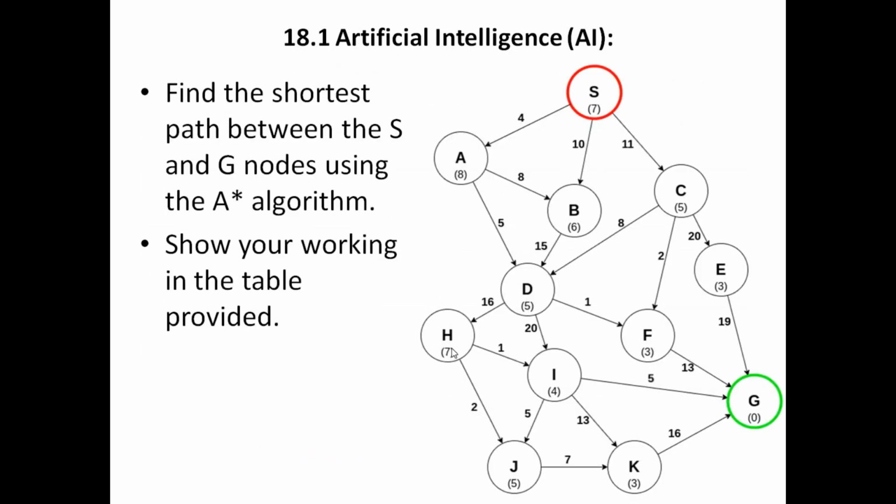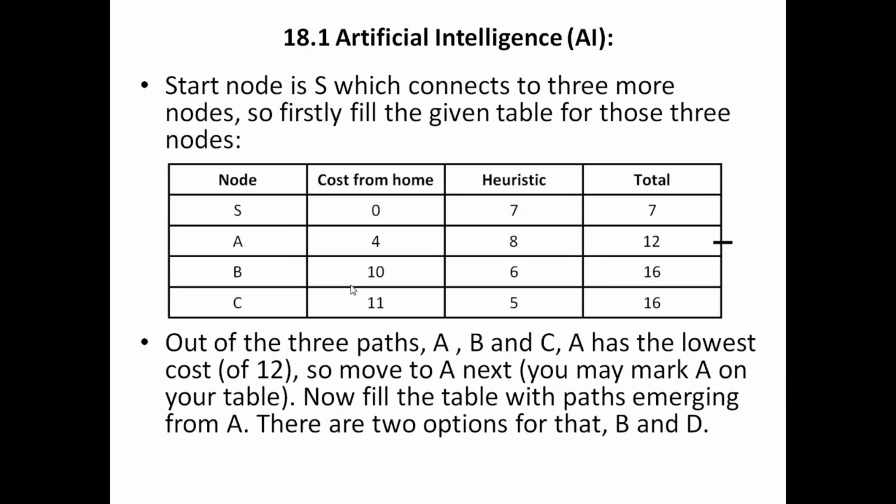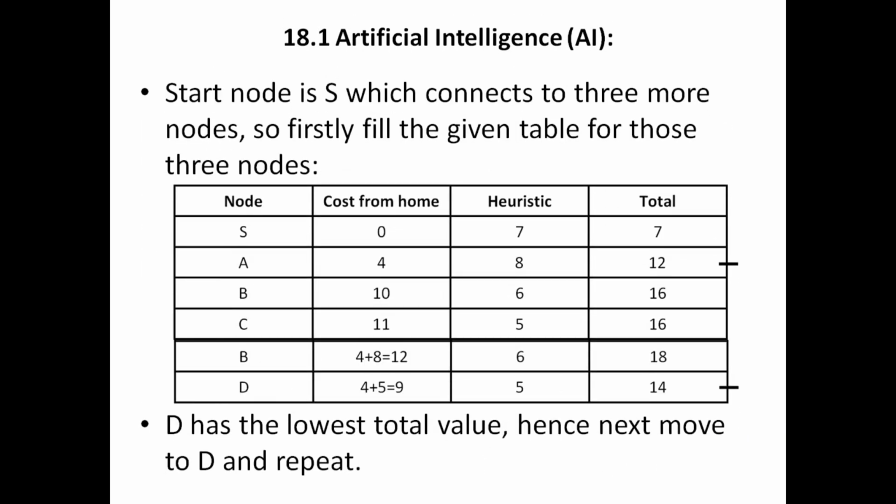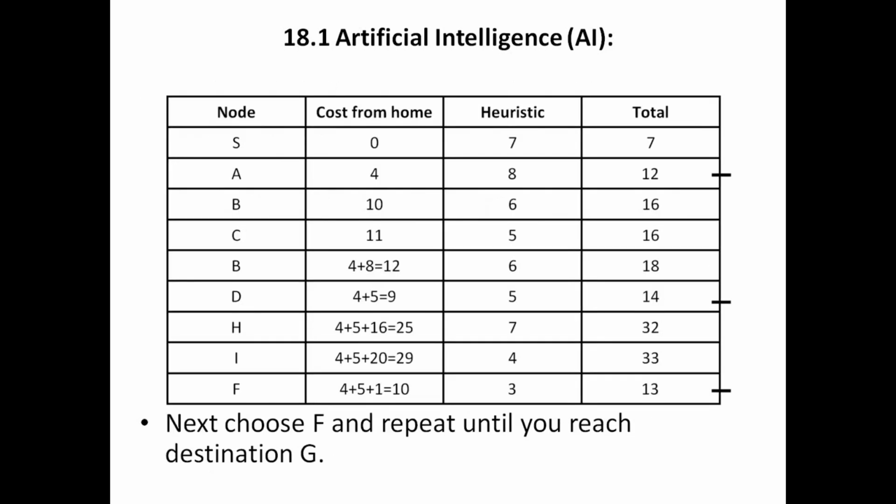As you can see, D connects with H, D connects with I, and D connects with F. So let's calculate the cost from home. I've already done that, so by now you would have grasped the concept. So let me just directly show you the solved table.